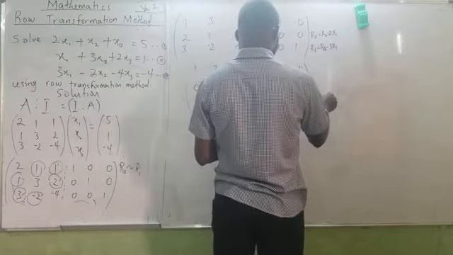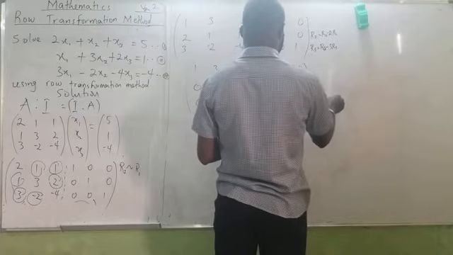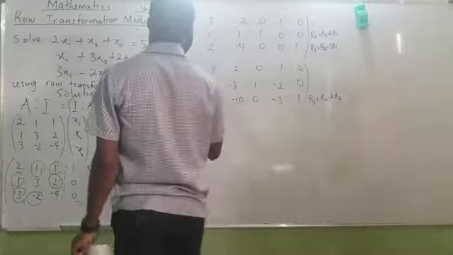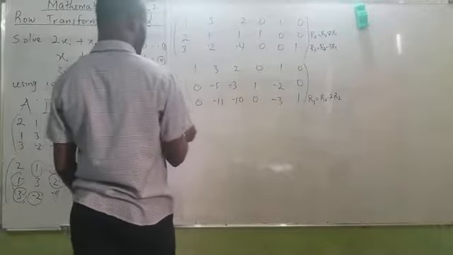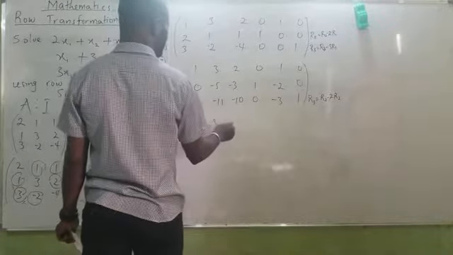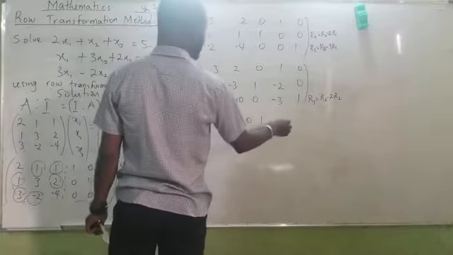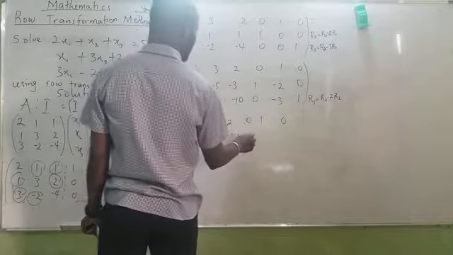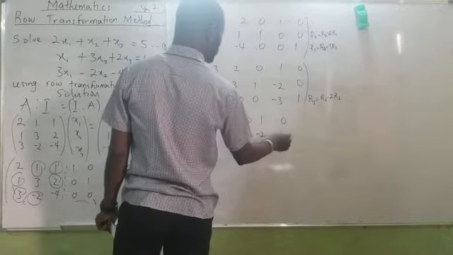equals to root 3 minus 2 root 1, root 2, which I'll be having 10. When I just have that something like that, it will be 1, 3, 2, 0, 1, 0, and here will be 5 minus 1, 3, 1, minus 2 is 0.